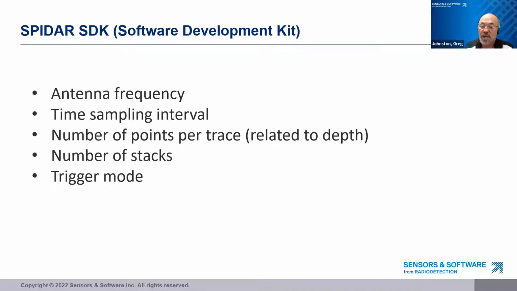You can use a triggering method that's appropriate for your application. You can set a step size related to the size of the target and set stacks as high as practical to see as deep as you can. These are all the things that the SPIDAR SDK allows you to set in the GPR. So hopefully we've made data collection easy.